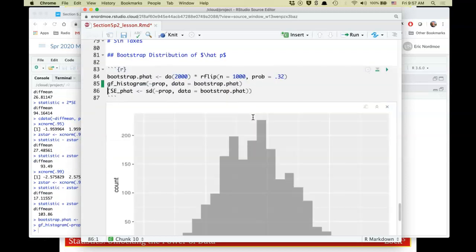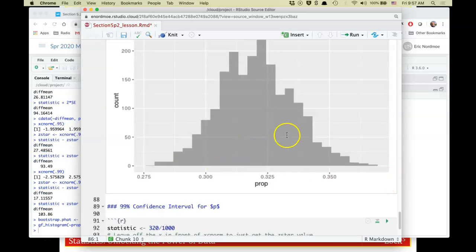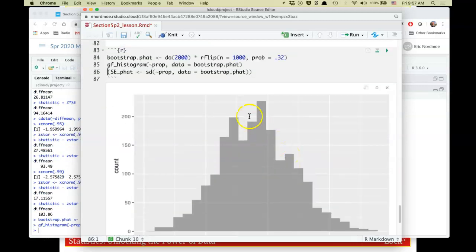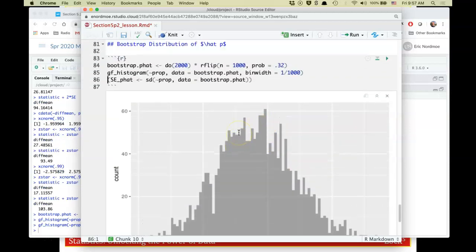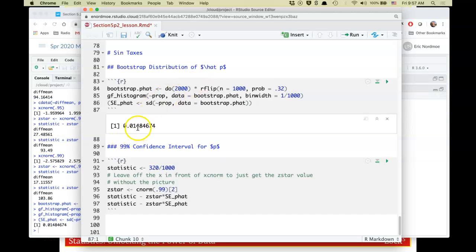We can take a look to make sure that it does fit with this idea of a fairly smooth normal distribution. I didn't worry too much about the breaks here, but let's see, bin width is 1 over 1,000. That looks pretty good. I think I got that right. And then our standard error comes out to be 0.015, yes, that's right.